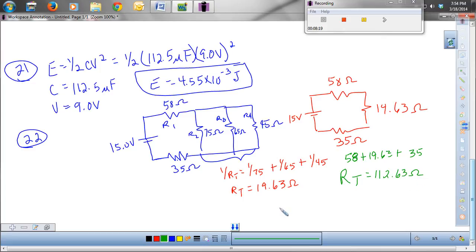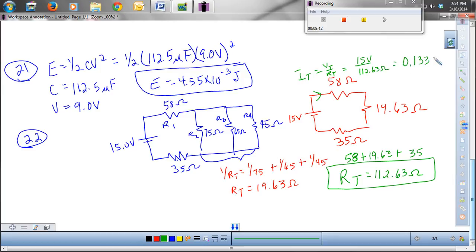Okay, so I finally got the total resistance, and that was one of the things they wanted to know. Then they wanted to know the total current. Well, IT equals VT over RT. So I had 15 volts over 112.63 ohms. And that gave me 0.133 amps.